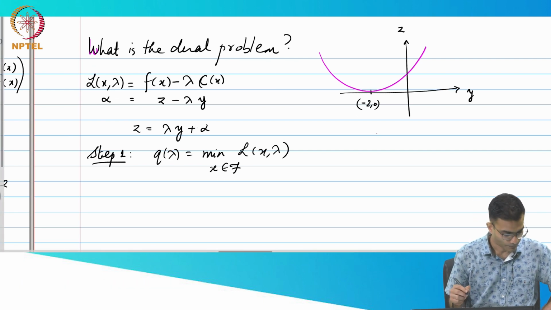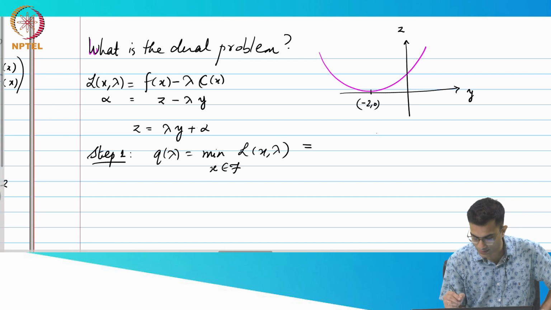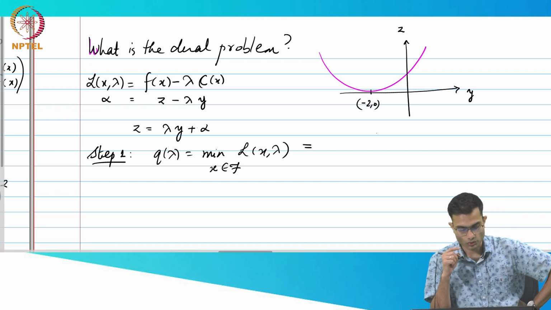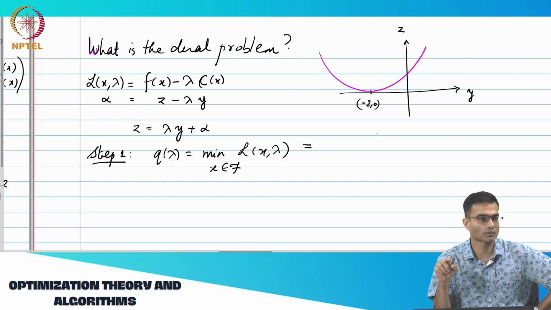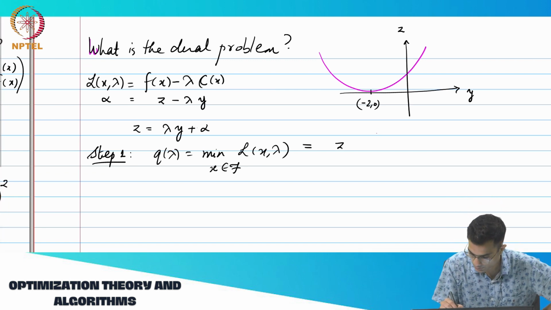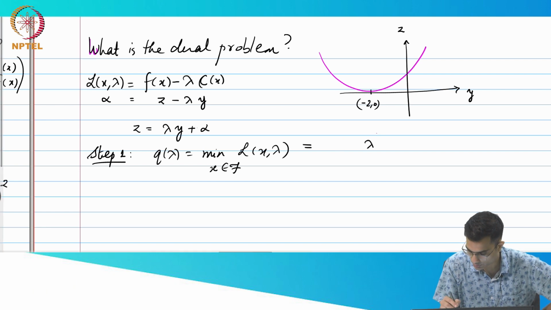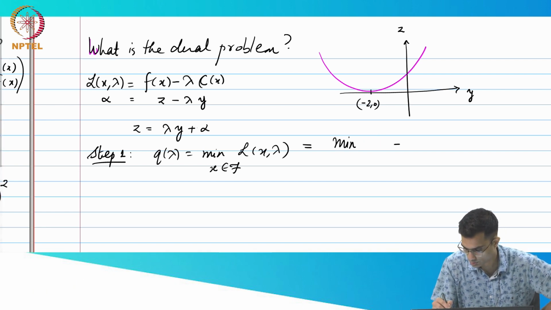Now let's write this in our new language. The Lagrangian is z minus lambda y. Z minus lambda y.